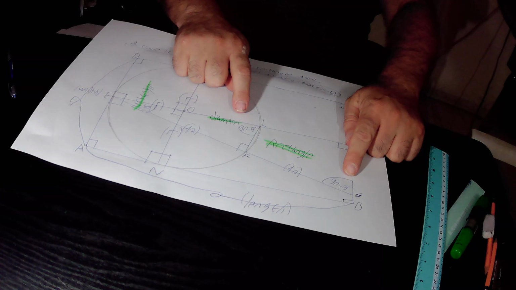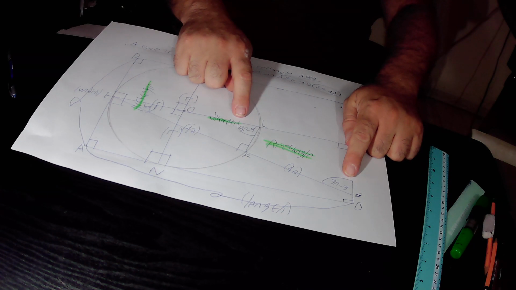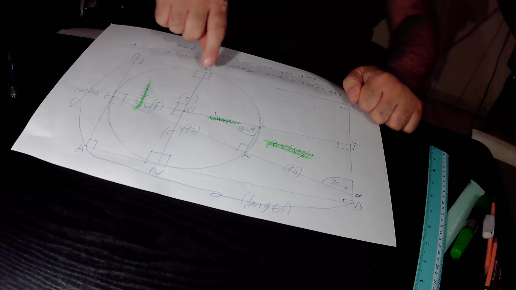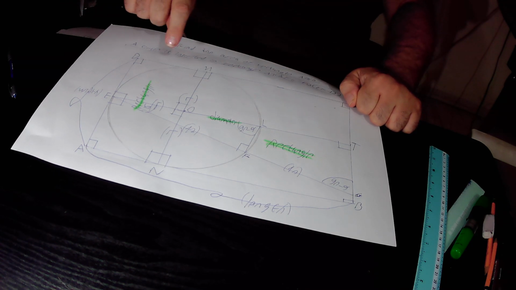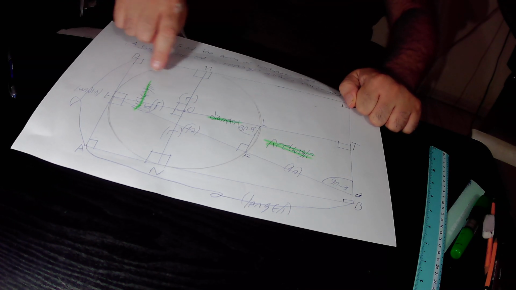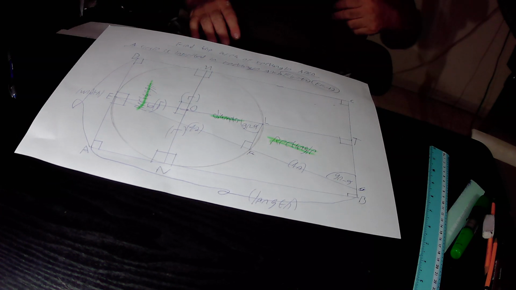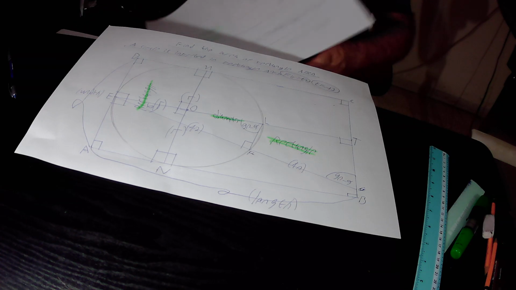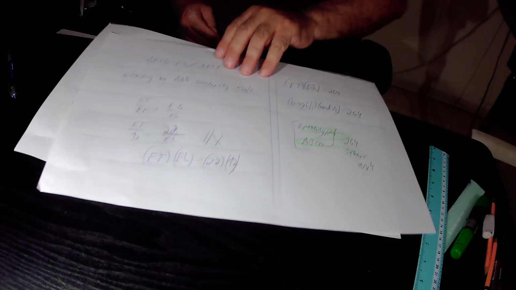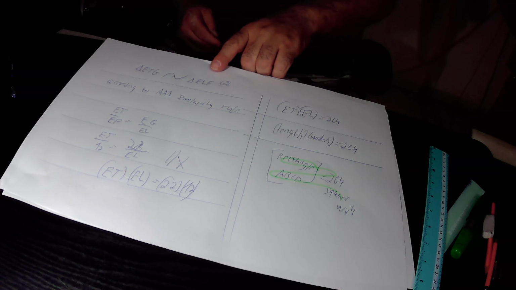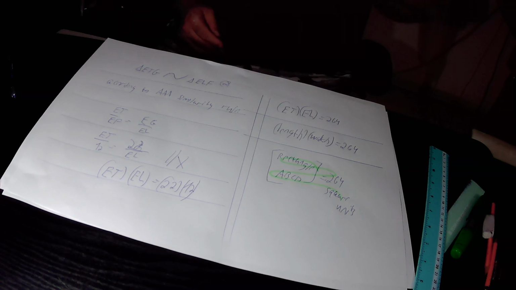And finally, those two angles are both equal to 90 degrees minus alpha, and therefore they are equal to each other. So all the angles of the big right triangle ETG are correspondingly equal to all the angles of the right triangle ELF. Therefore, those two right triangles are similar to each other according to the angle similarity rule.